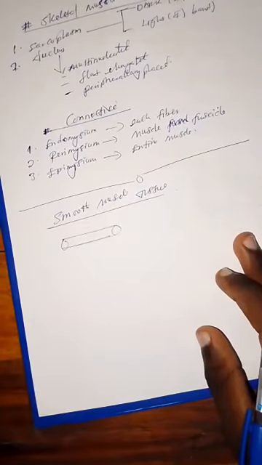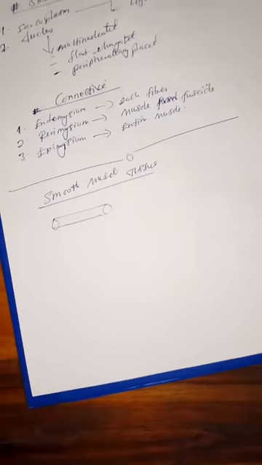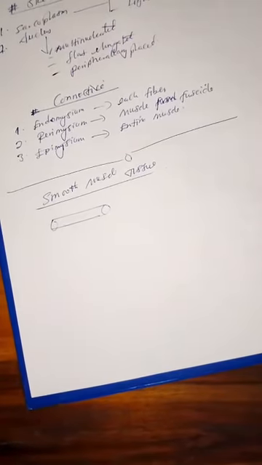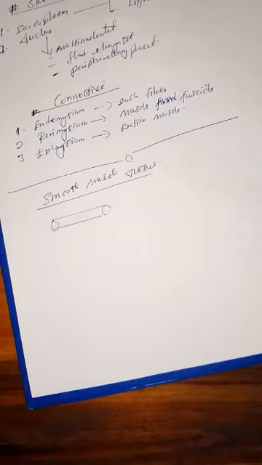Peristalsis is also a powerful mechanism in physiology, which you will learn in GIT physiology. There's movement of food there; it's a very good mechanism. So it propels substances like in peristalsis in the GIT, and also in the ureters.